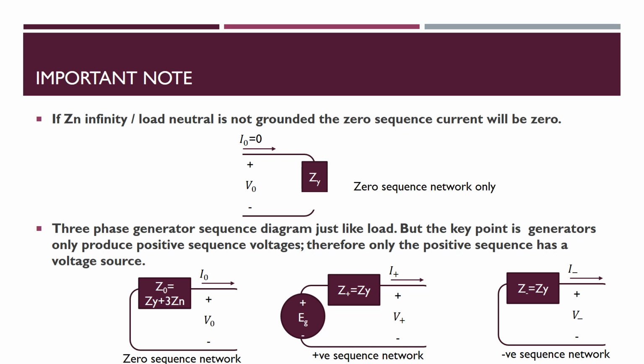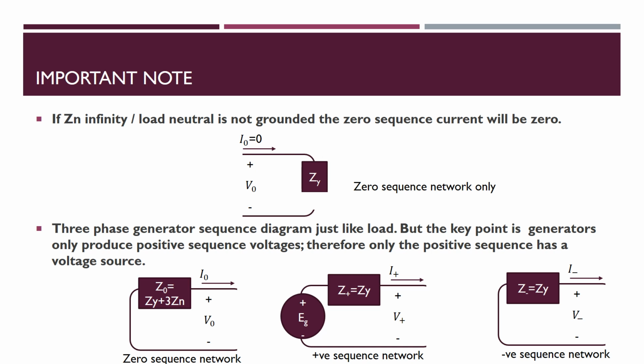This abstraction can be extended up to the generators, as in the picture; for a balanced generator, the same network comes in this way.